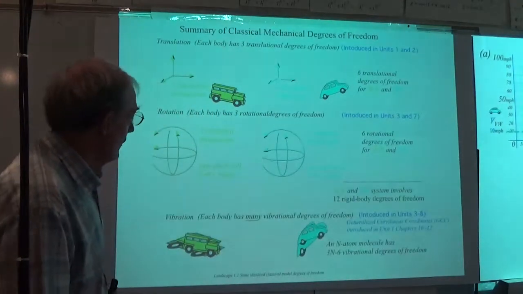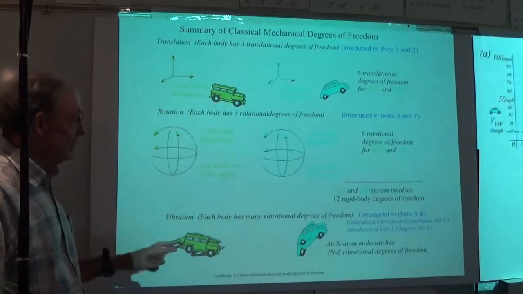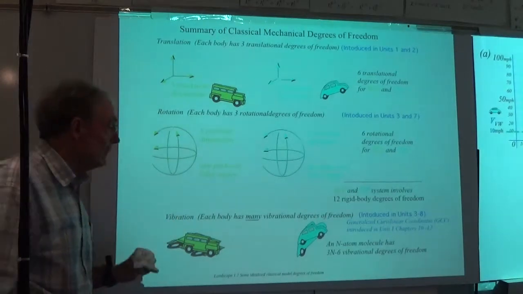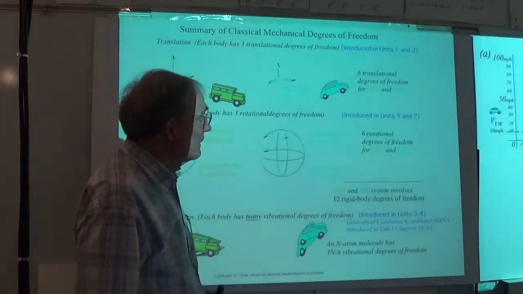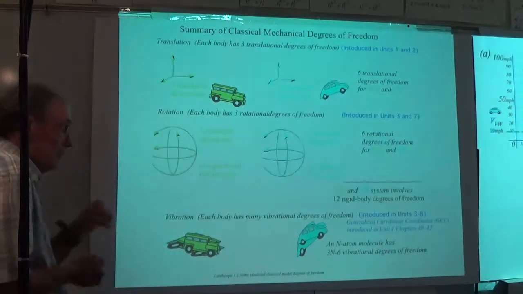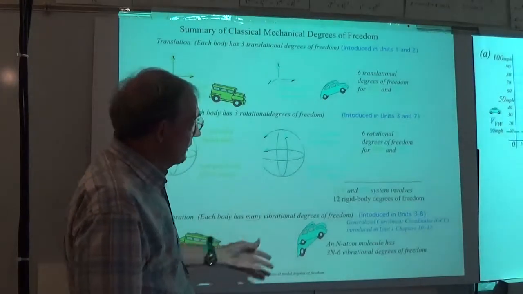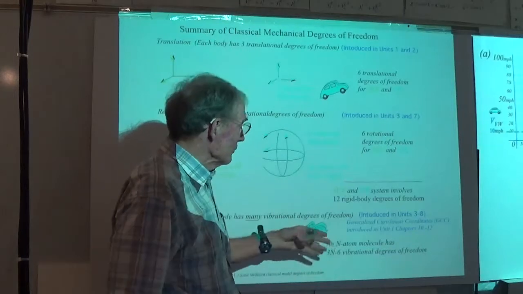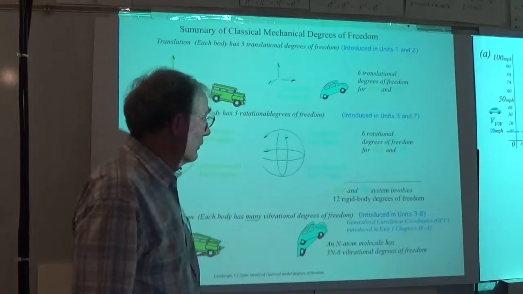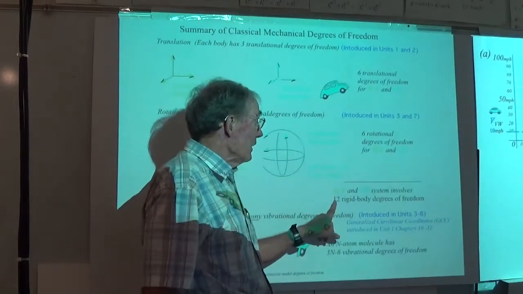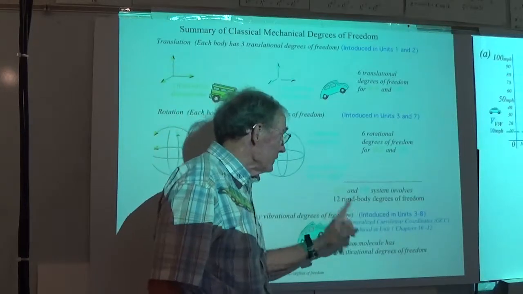These things vibrate. It's a molecule, it'll have all kinds of normal modes, it's another molecule, same thing, or even if it's a nucleus, it's got normal modes and states. Well, there's no end to what can happen there. So we're talking about 12 rigid body degrees of freedom plus.